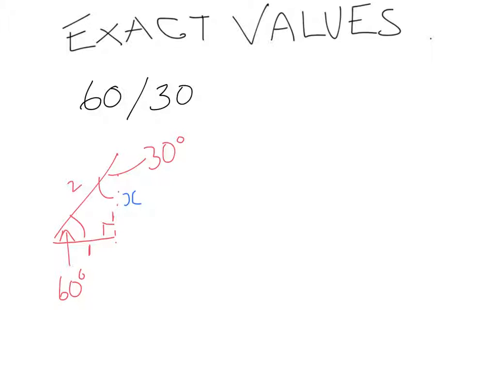So x squared equals 2 squared minus 1 squared. Therefore x squared equals 4 minus 1, which is 3, so x is the square root of 3.